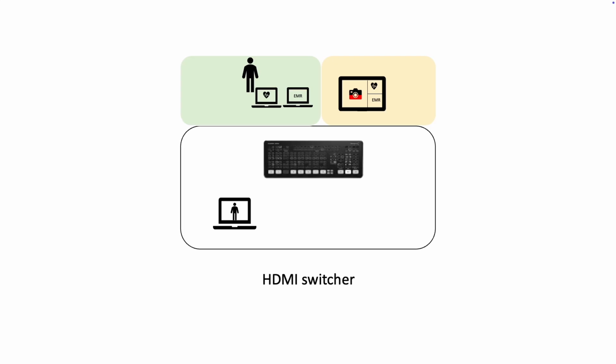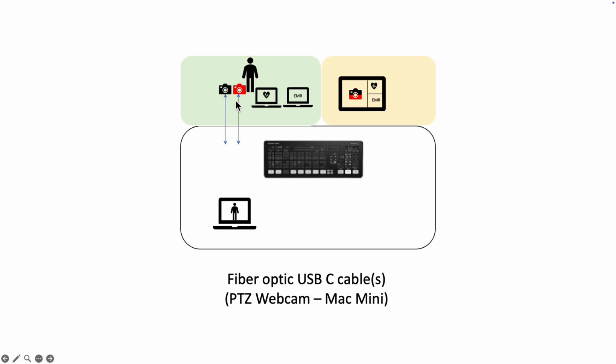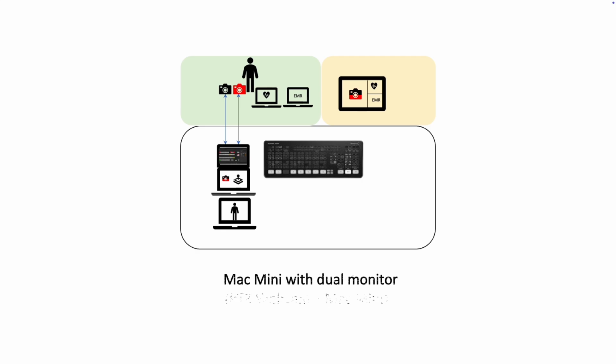Let's see how this ATEM Mini Extreme HDMI switcher links these rooms. This will be a multi-cam system. 2 PTZ cameras are located in the simulation lab. These webcams are connected to a Mac Mini with a fiber optic USB-C to USB-C cable.